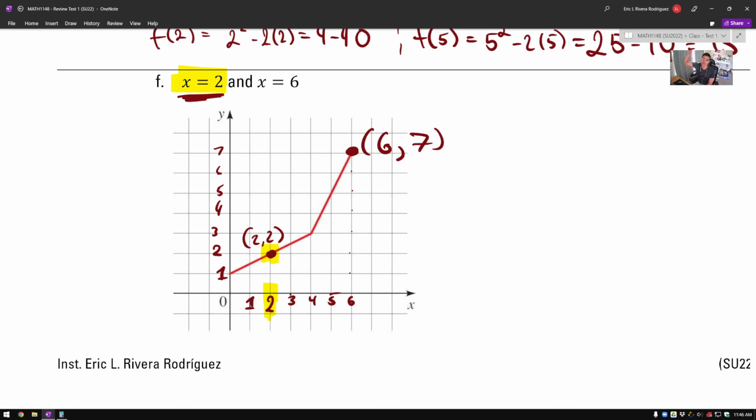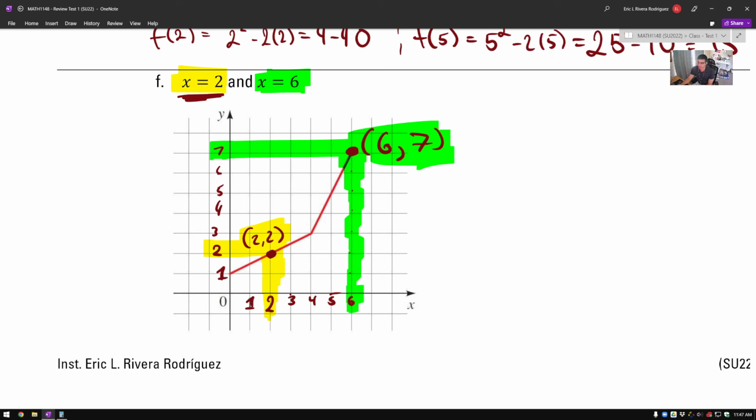In this case, you go up and you find that point in the graph, and then you get the y value from the graph. The same for x equals 6. You identify x equals 6, then you go up, you find that point, and then you go left to find the y value. And that is how you get the second point.